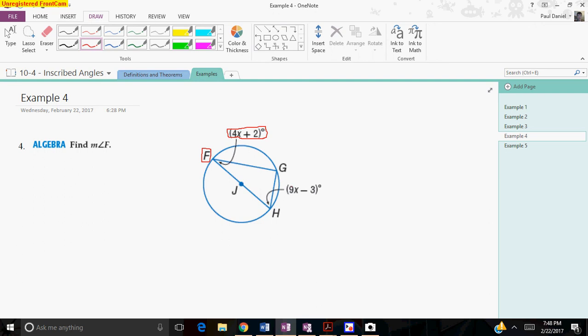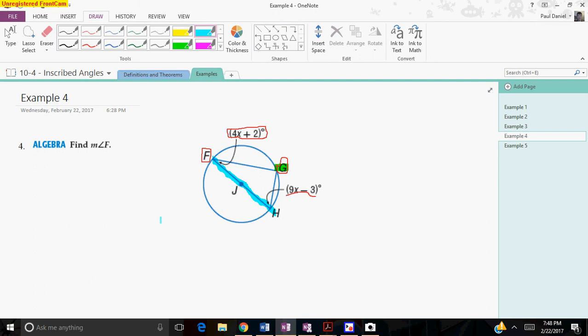They've also given me some information about angle H, but nothing about angle G. So let's see if we can think about this. Angle G, which is right here, is an inscribed angle, and the chord that makes this up is a semicircle, or a diameter, excuse me.